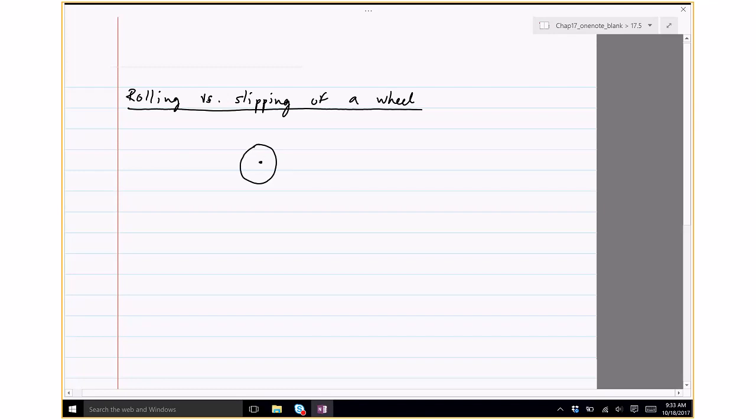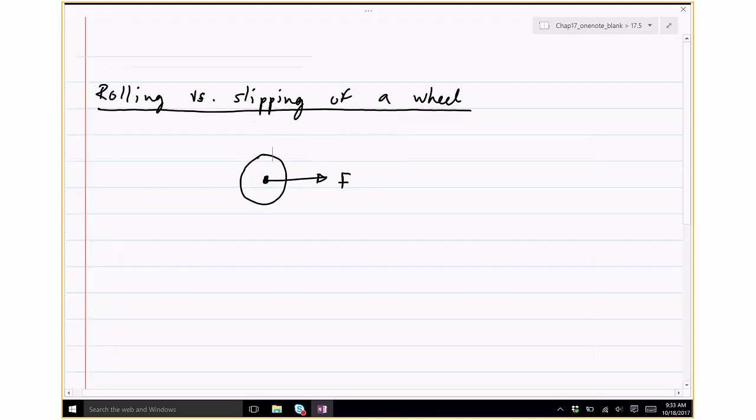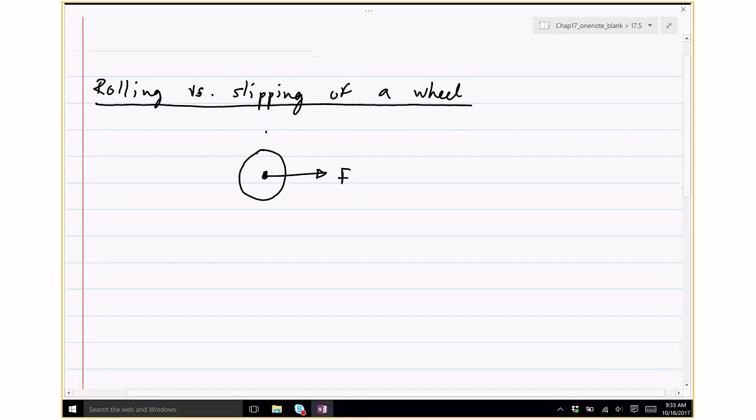So now I replace the block with a wheel. There's a force, there is a normal force, there's mg, and the friction force is going to oppose motion.